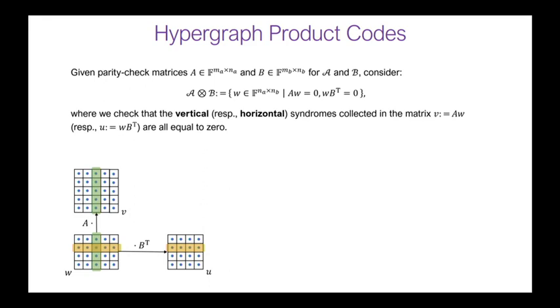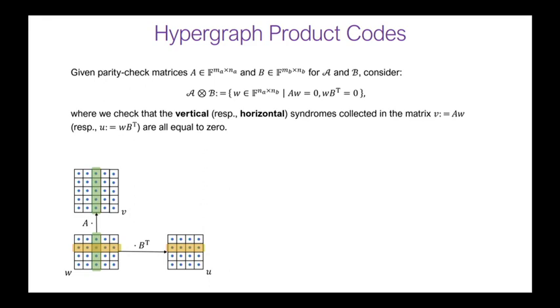So we multiply this matrix from the left by a matrix A. When we do this, we apply this parity check matrix to each row. And if all these syndromes are equal to 0, then it means that each row is a codeword of the code A. And we do the same by multiplying this matrix from the right by the transposed matrix B.